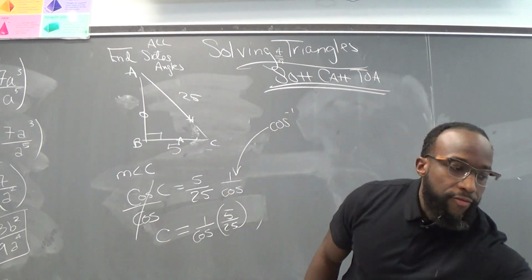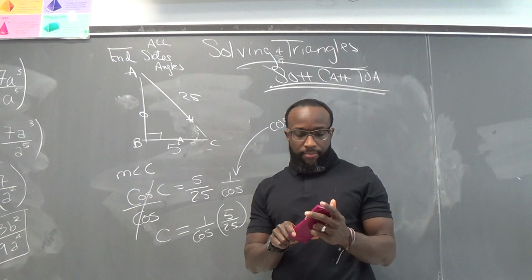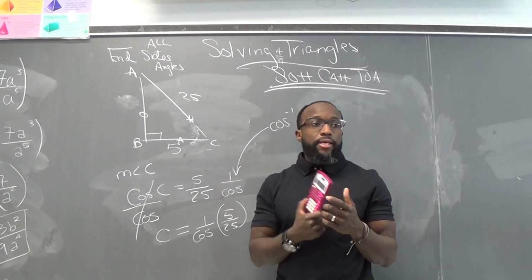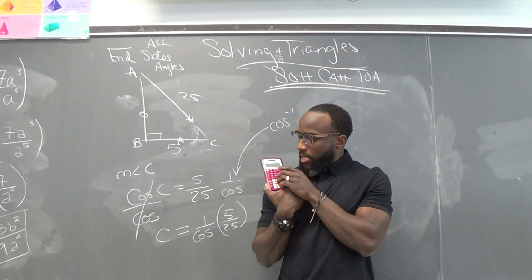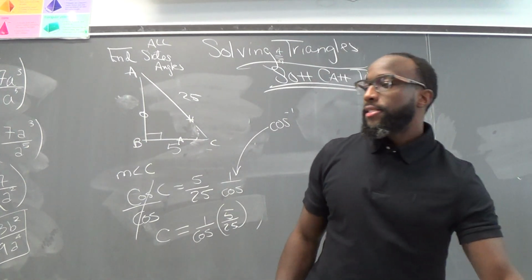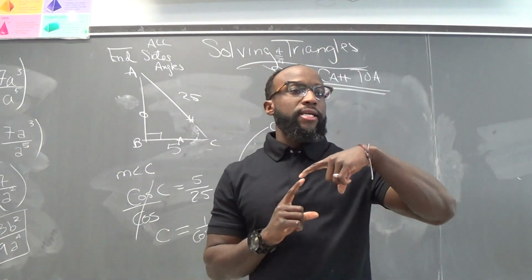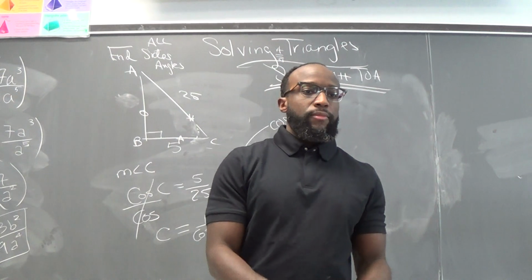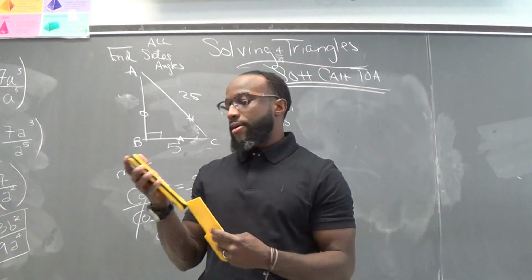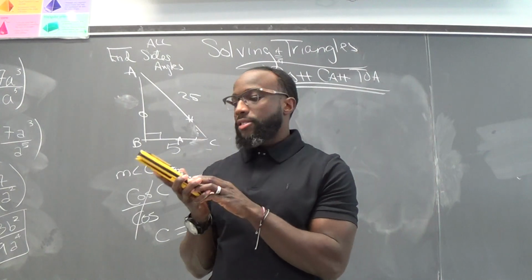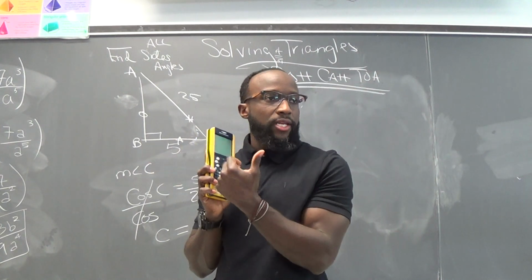If you have a TI-30, the inverse cosine button is going to be above the cosine button. If you have a TI Inspire, your big calculator, Ty, toss me a calculator, please, sir. Toss it. If you have this TI Inspire, you would hit the trig button, and inverse cosine would be underneath cosine.